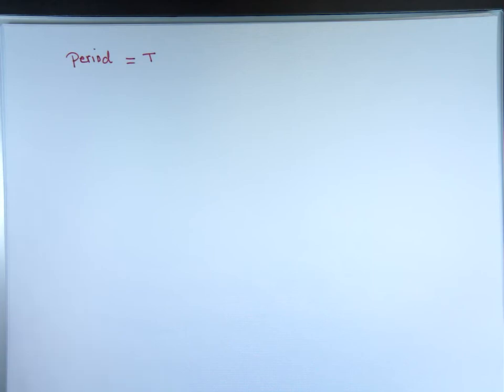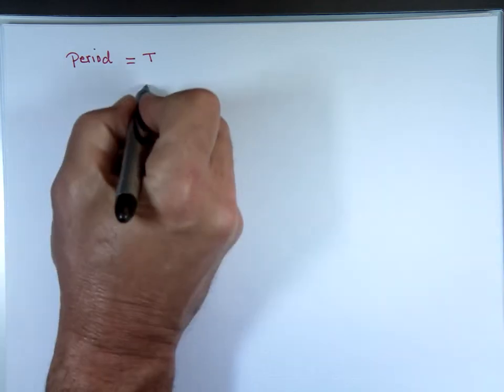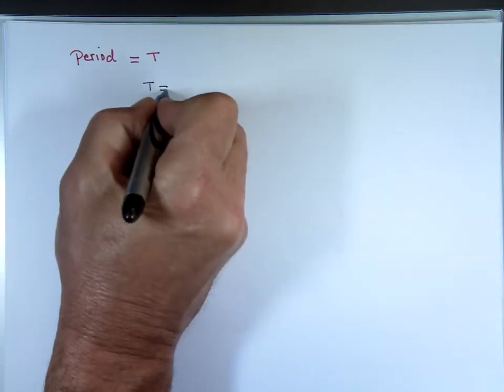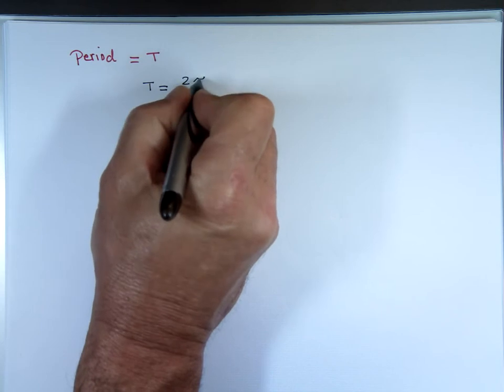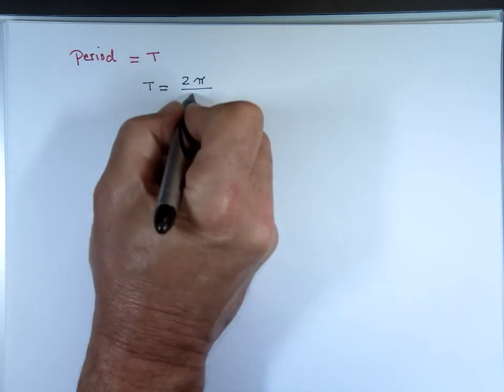The time, by the way, is in seconds. The way you find that is T equals 2 pi divided by W.